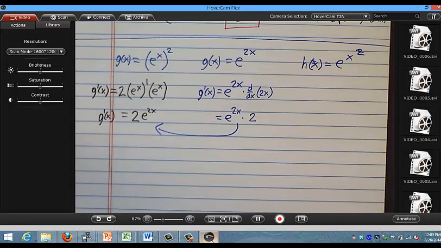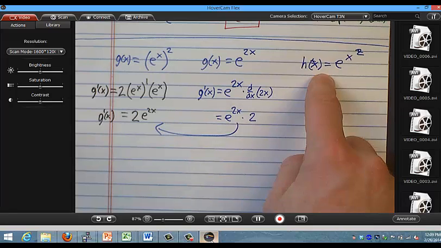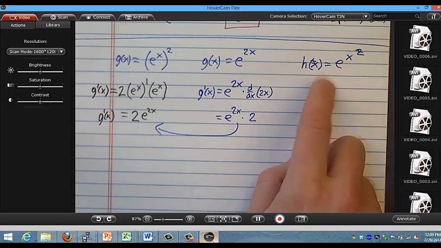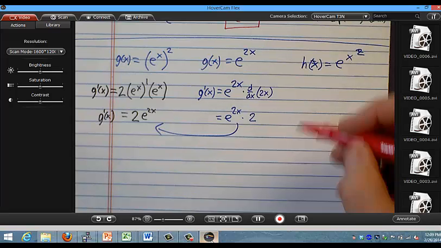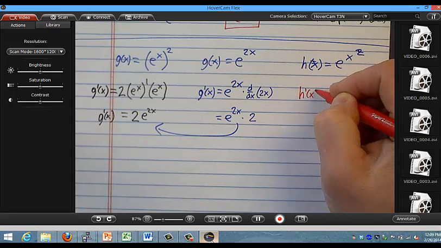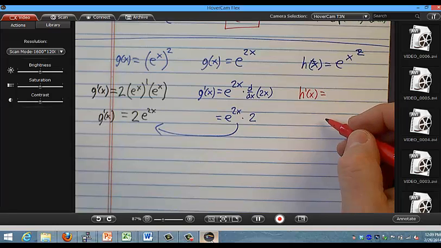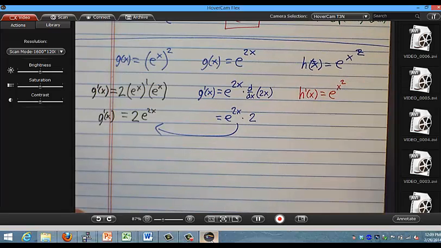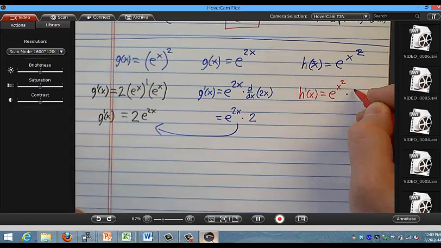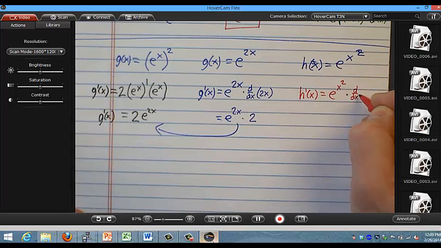Now, what about this one, h? I think doing this one helps you really understand what's going on. Here we go. H prime of x. I know I'm going to get back e to the x squared because I know that e is its own derivative. But I also need to multiply by the derivative of what?